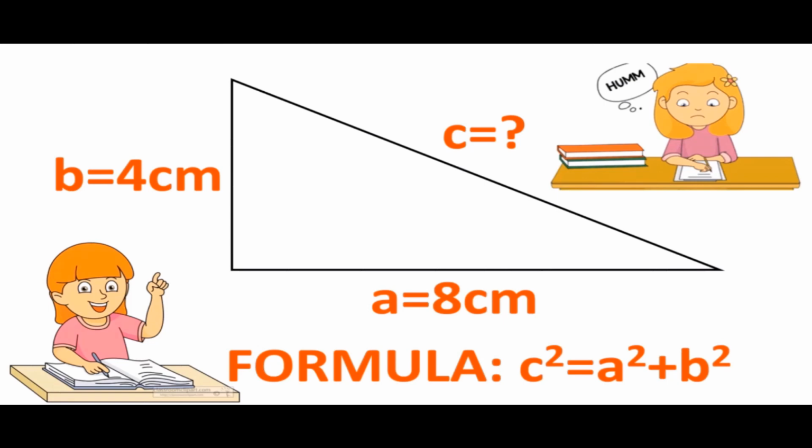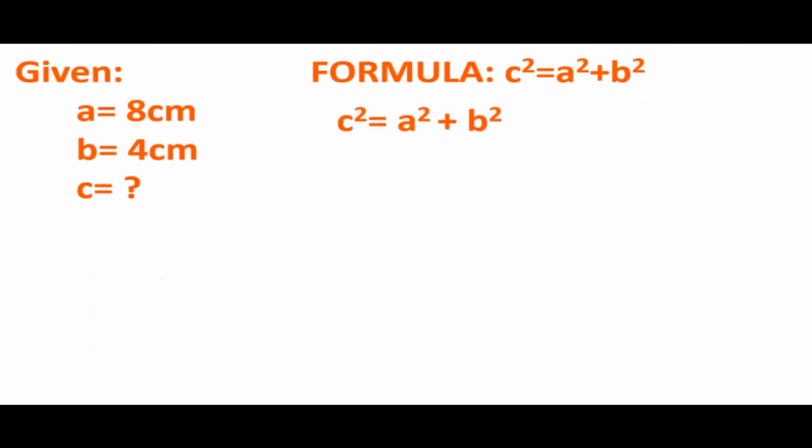We will use the formula of the Pythagorean Theorem, which is C squared equals A squared plus B squared. And then, we will just have to substitute the values of A and B. Therefore, we have C squared equals 8 centimeters squared plus 4 centimeters squared.